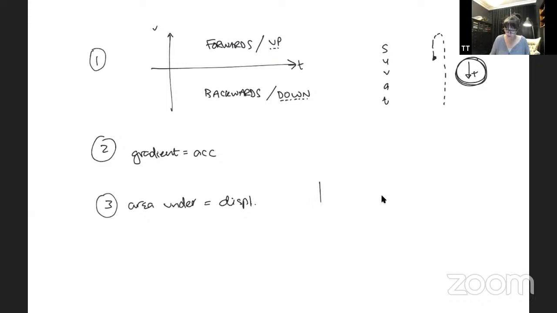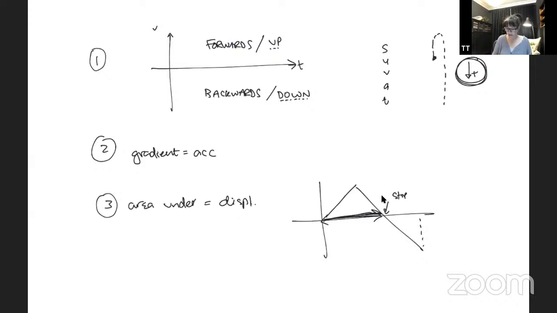So when we've got our two sections, say it looks like this. This is me moving forwards, all the way across there, forwards, forwards, forwards. I've got no velocity, I'm speeding up, speeding up, and then slowing down, slowing down, and then I stop. But I've moved forward that whole time.